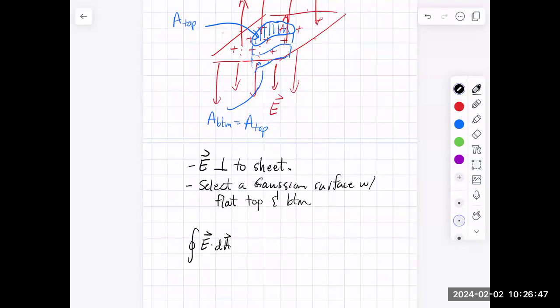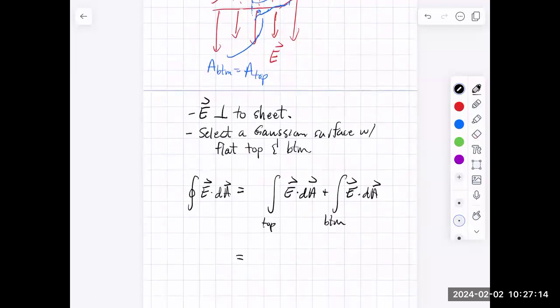And so it's not going to contribute any flux. There's no flux through the side surface. And so this ends up being, let's do it this way, E dot dA of the top plus E dot dA of the bottom.